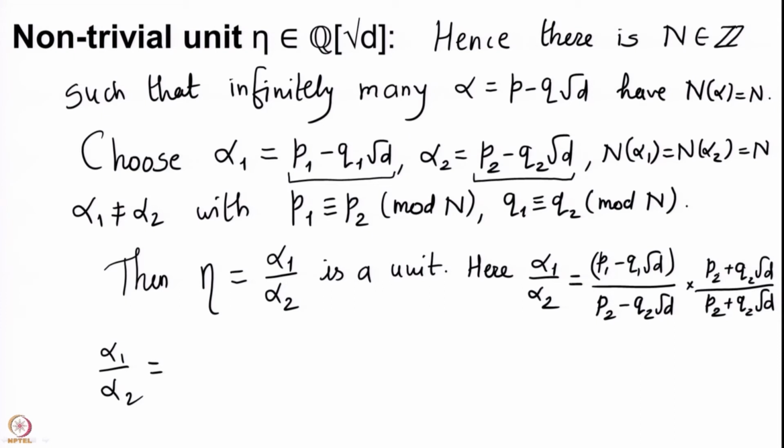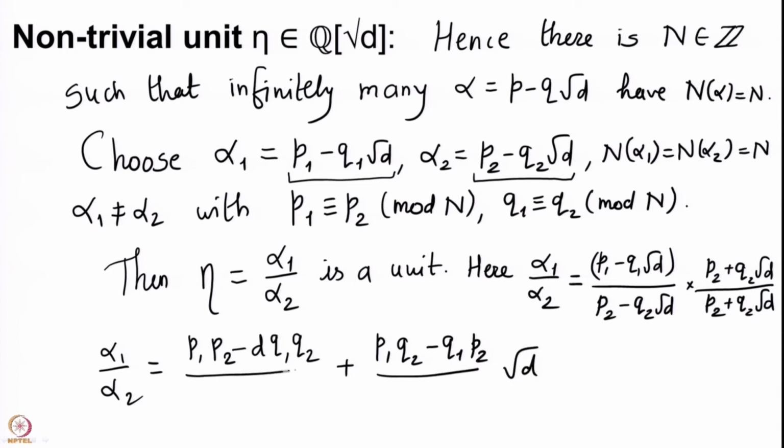The numerator becomes P1 P2 minus d Q1 Q2, and we have the root d coefficient, which is P1 Q2 minus Q1 P2 times root d. I will write the denominator separately, and the denominator is P2 minus Q2 root d into its conjugate. So, I am going to get the norm.